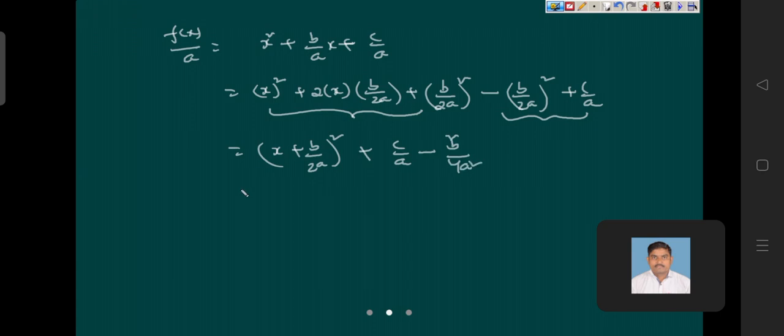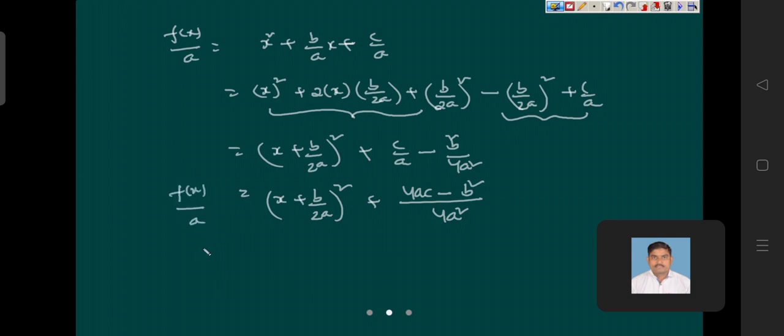Taking the LCM for these two terms, 4a square: 4a square by a square is 4a, 4a into c is 4ac, minus 4a square by 4a square is 1, 1 into b square is b square. This is the f of x by a value.